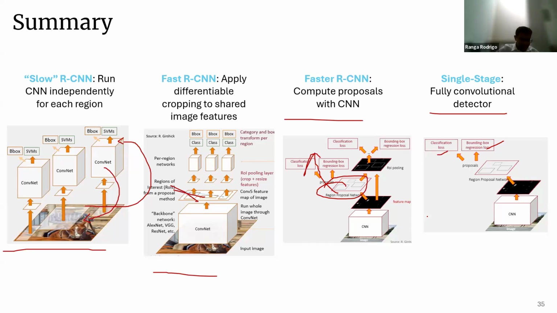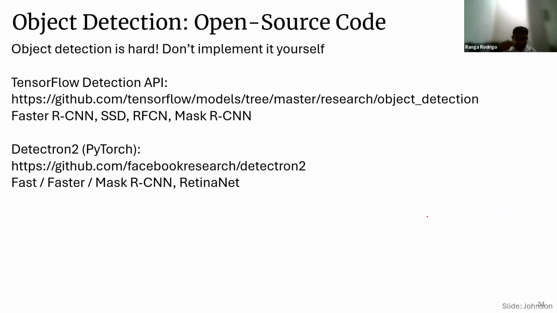Any questions about object detection up to now? If you have to decide between the Google library and the Facebook one, which is better to go for? That is a good question. Whether you want to go with TensorFlow or PyTorch.